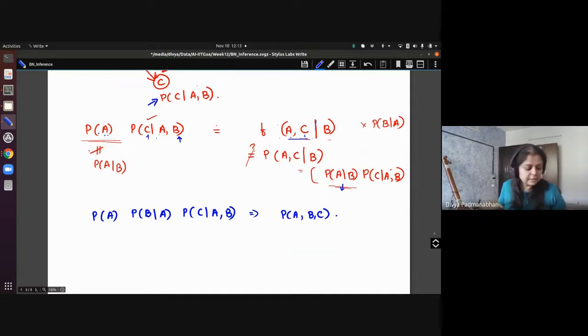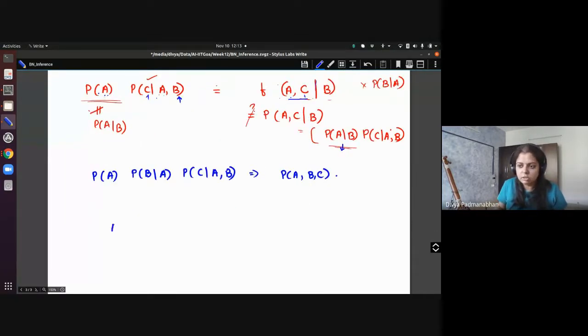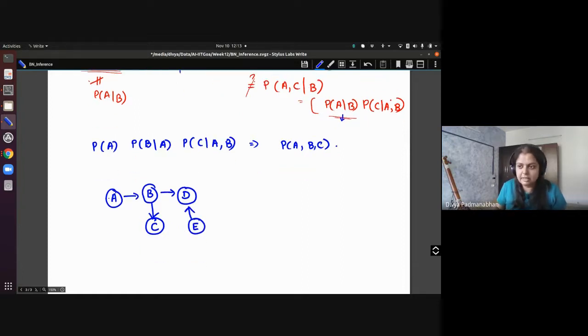What I suggest is, I'll give you some exercise as homework. Just try this out. I'll give you this network: something like this, A, B, D, maybe something like this, C and E. The tables are P of A, P of B given A, P of C given B, and P of D given BE.